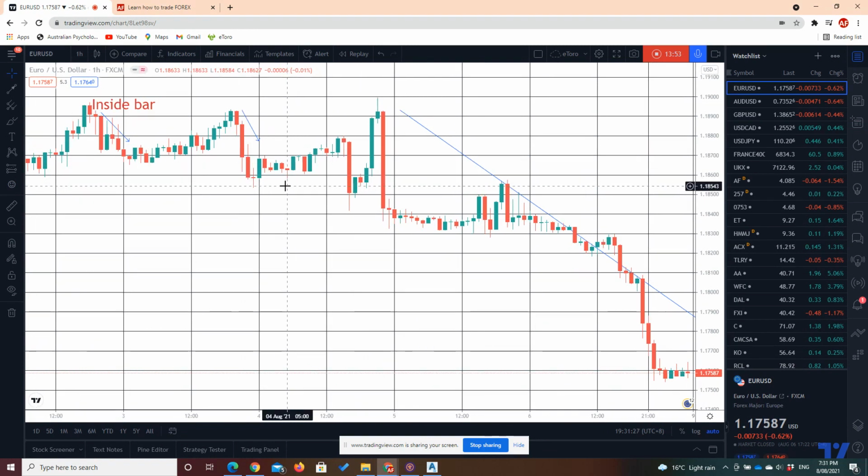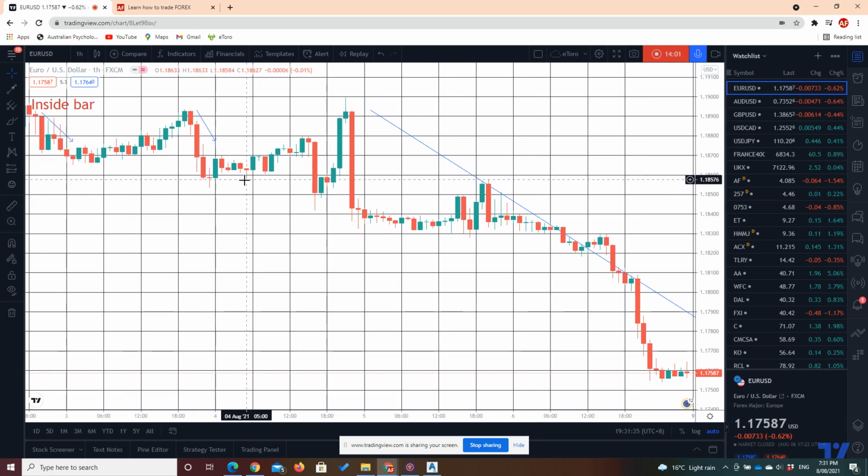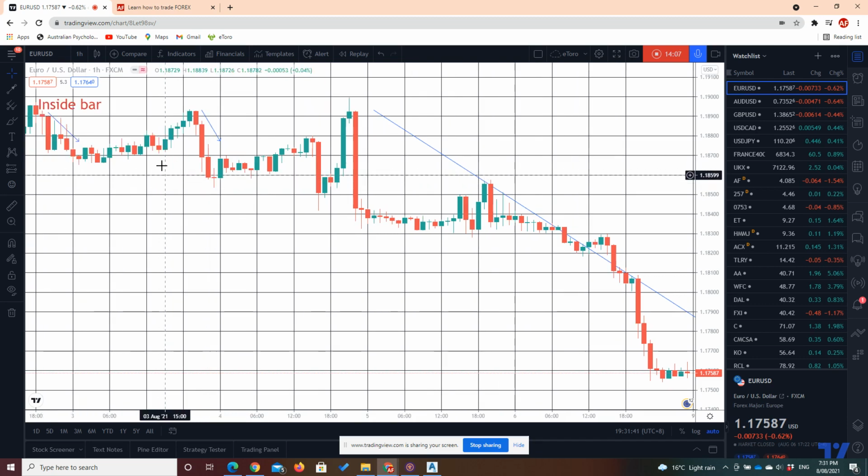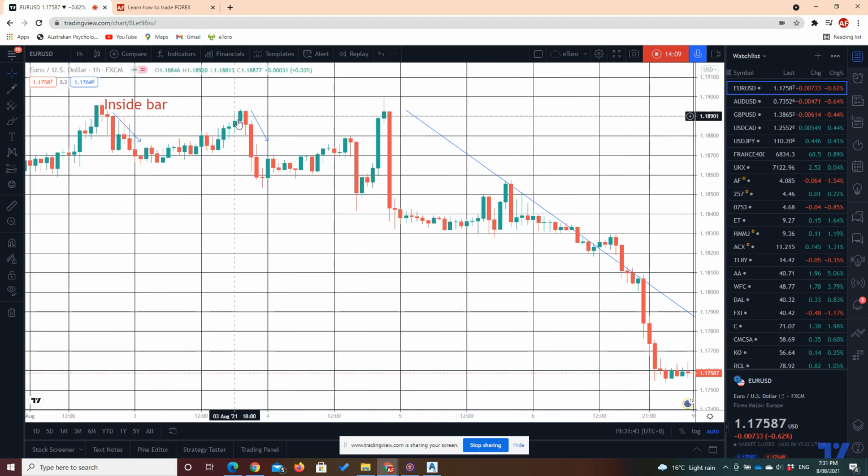Again, something like this is called a Doji. So we have just a line, open and close are very similar, then we have shadows up and down. This can be a sign of reversal, as you can see. It was down, then it went up.